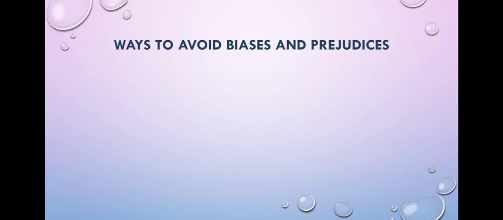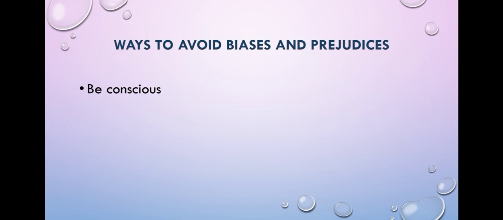There are ways to avoid bias or prejudice. Know and be consciously aware of your own personal and professional values and beliefs. You also have to obtain as much information as possible about different ethnic or cultural groups.